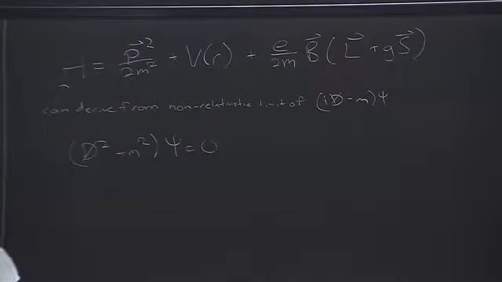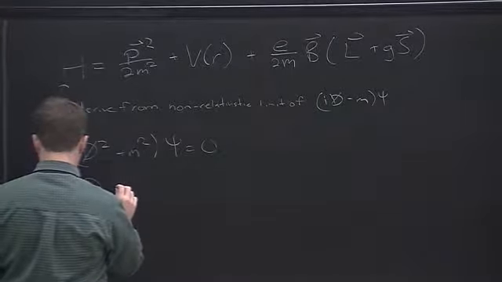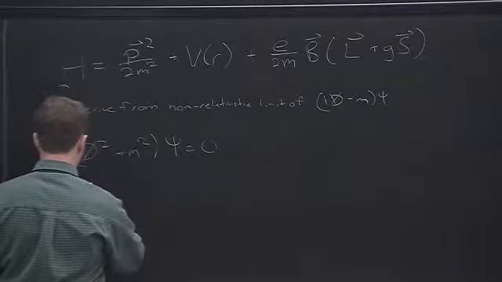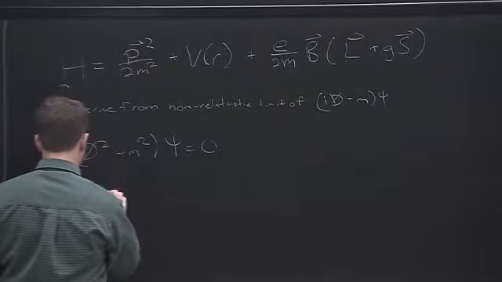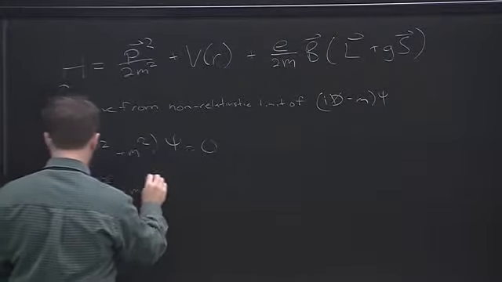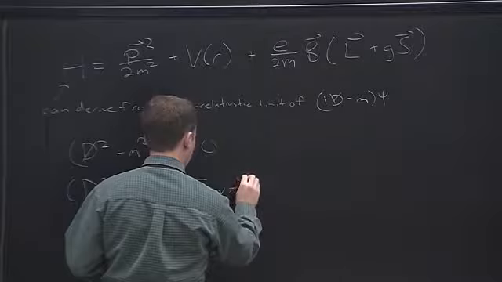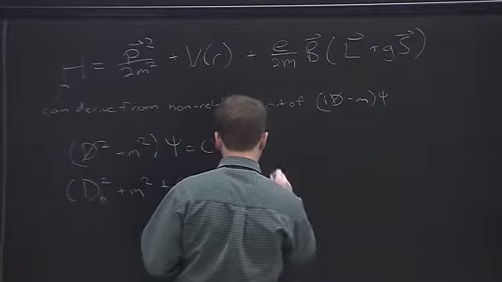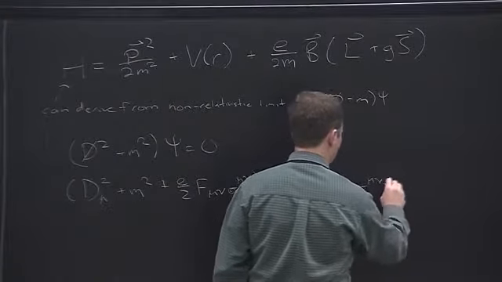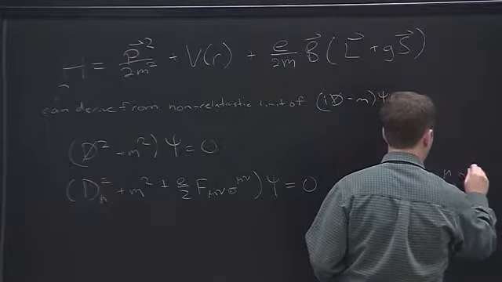And if we expand out the D slash, we get D_mu squared plus m squared plus e/2 F_mu nu sigma^mu nu psi equals 0, where sigma^mu nu is i over 2 times the commutator of gamma^mu with gamma^nu.